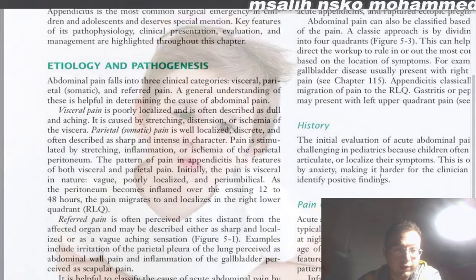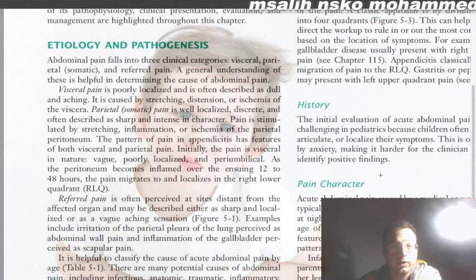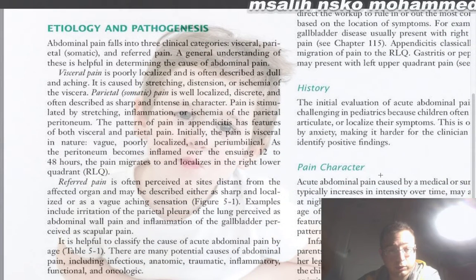A referred pain is often perceived at the site of descent from the originating organ and may be described either as sharp and localized or as a vague aching sensation. Examples include irritation of the parietal pleura of the lung, perceived as abdominal wall pain, and inflammation of the gallbladder, perceived as scapular pain.